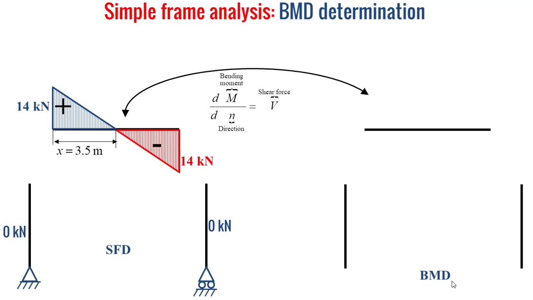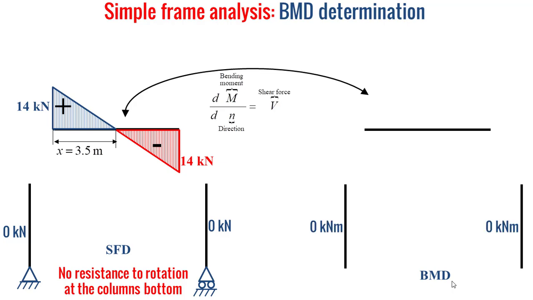Taking into consideration that we have a pinned support and a roller support at the bottom of the columns, so no resistance to rotation at the column's bottom, we can deduce that the bending moment diagram will be equal to 0 kilonewton meter along the left-hand and the right-hand columns.